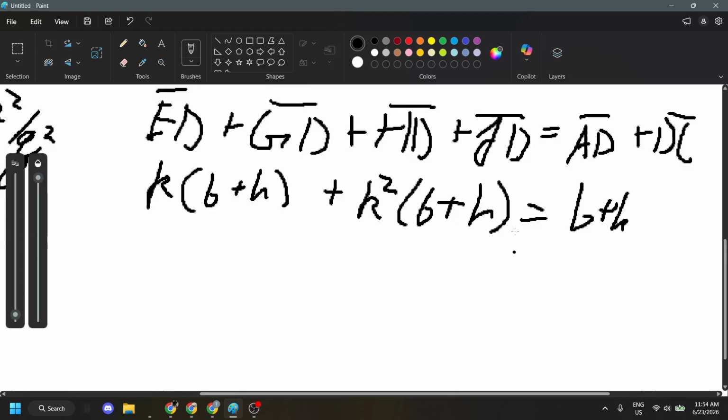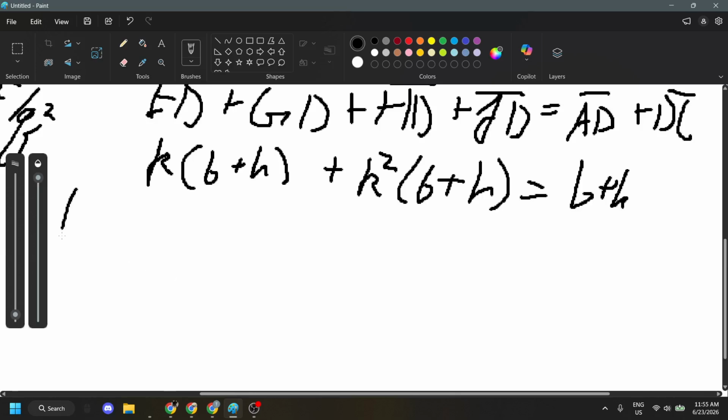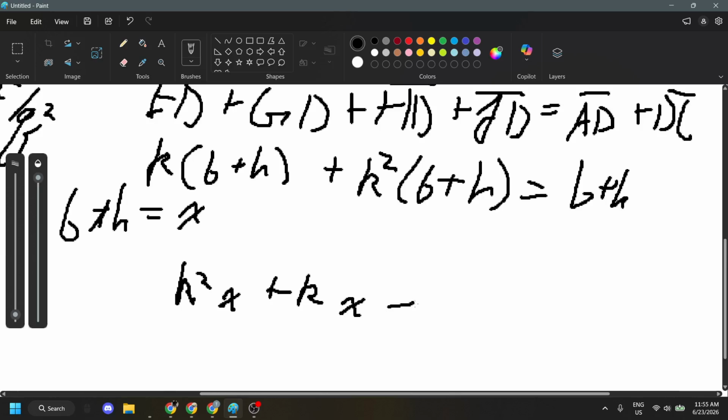If we say base plus height is equal to x, we get K squared x plus Kx minus x is equal to 0.